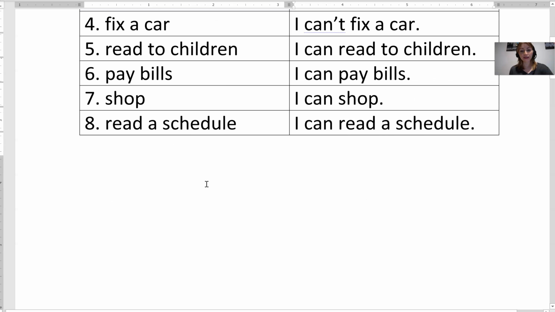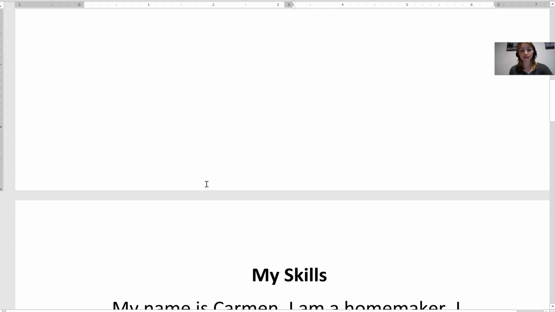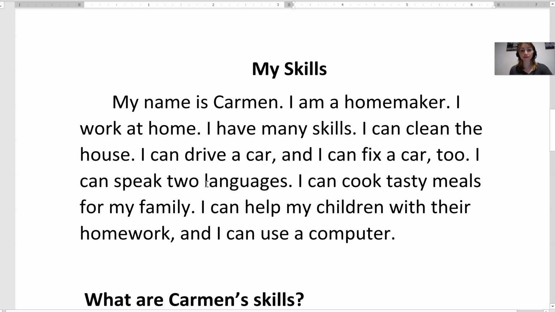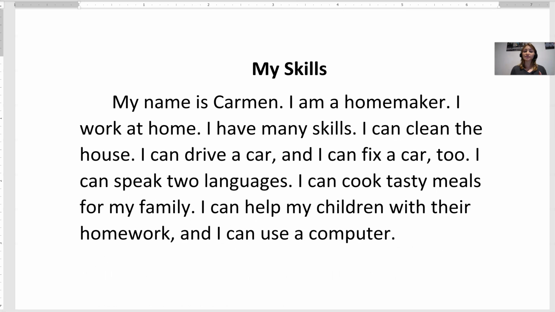Perfect. And now we're going to look at a short story. So this is a paragraph of a student who writes about what they do in their life, what are their skills. Okay, so let's read it together. My skills. My name is Carmen. I am a homemaker. I work at home.